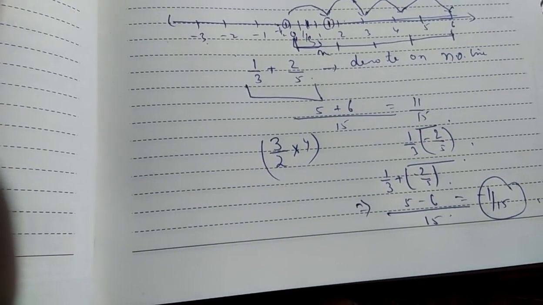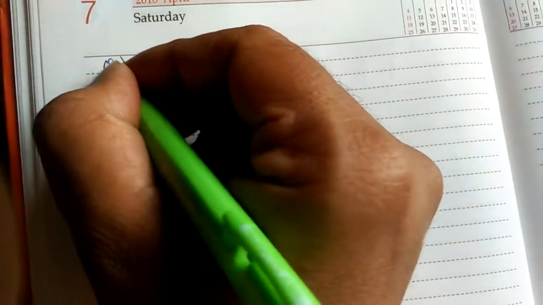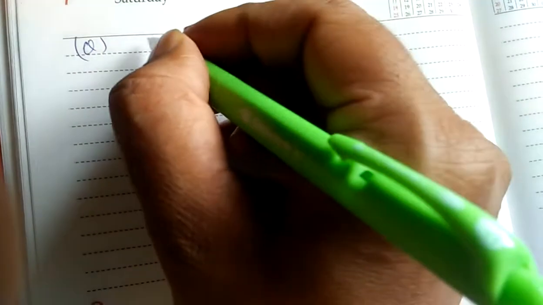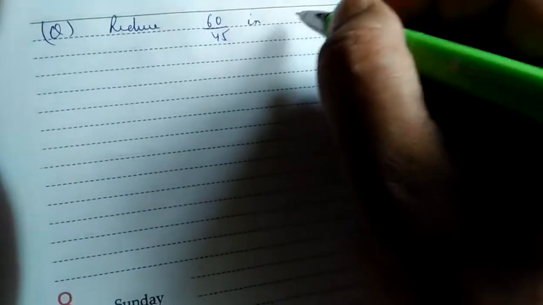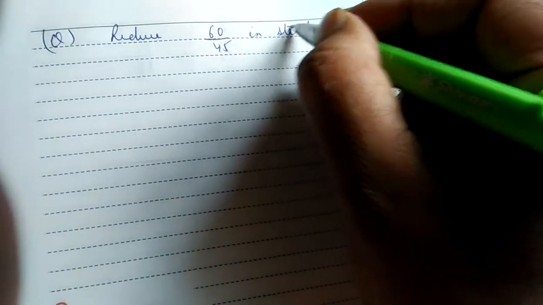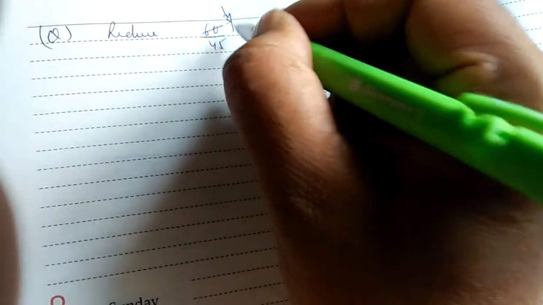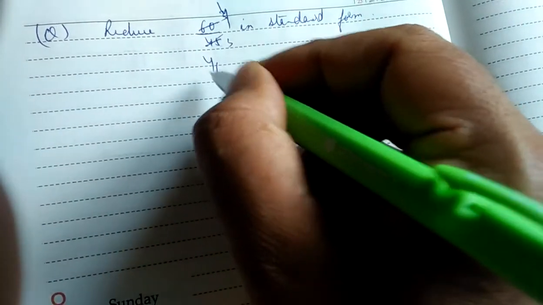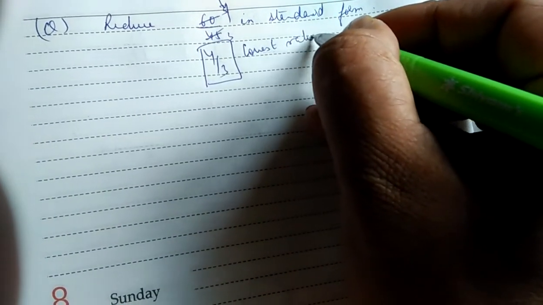Now let's see other operations on rational numbers. So let's say there is a question: reduce 60 by 45 in standard form. So this is 4, this is 3, so 4 by 3, lowest rational numbers.